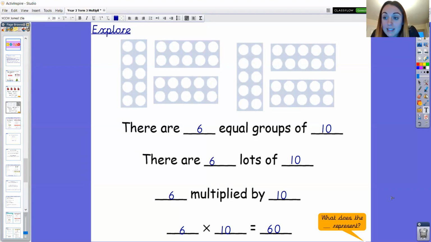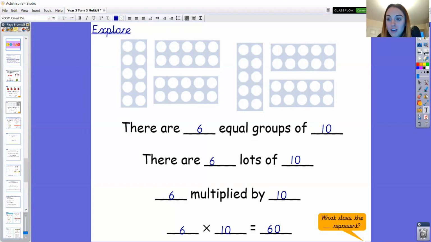Number 10 represents the amount inside each equal group. And what does the number 60 represent? Well done. 60 represents the total, or when we use multiplication, we also call this the product. Well done, Year 2.